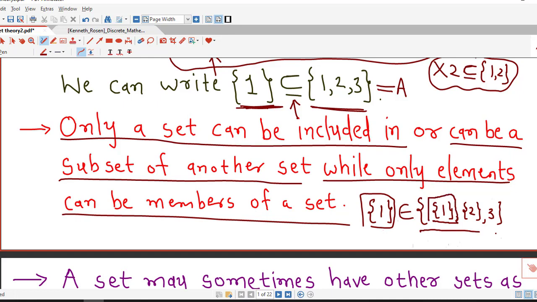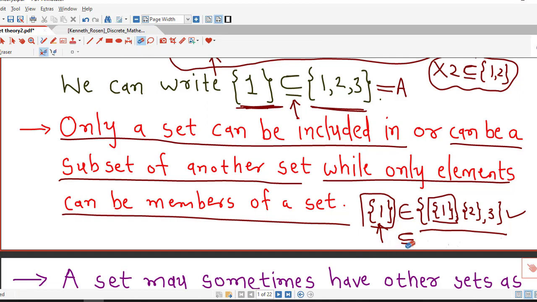This set on the right hand side contains the set containing 1. So here we should use membership notation. Here we cannot use inclusion notation, because now this set is a member of the set on the right hand side.